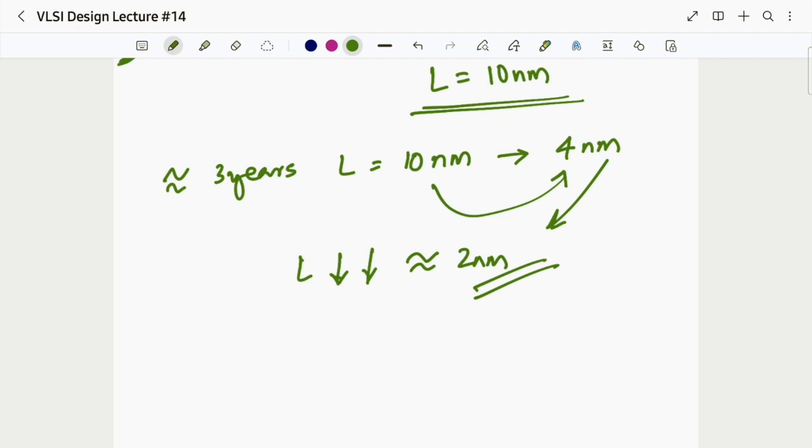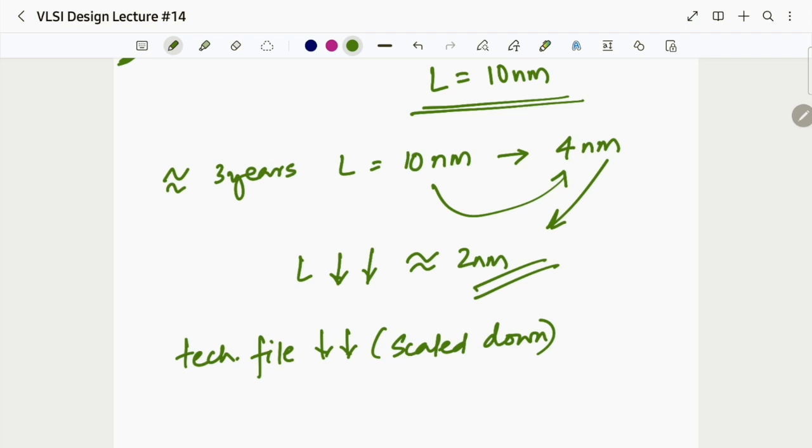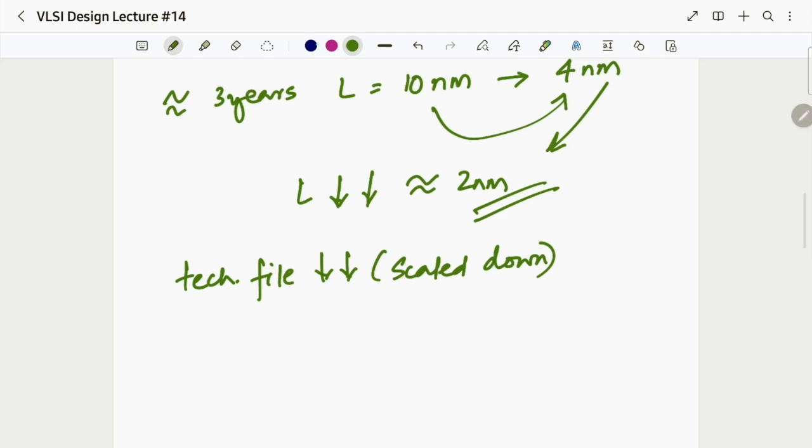Now as the technology file gets scaled down, what will happen? The thickness of oxide, TOX, remember in our ID current equation derivation, this thickness of oxide will also go down, because it is a parameter of the device design, isn't it?